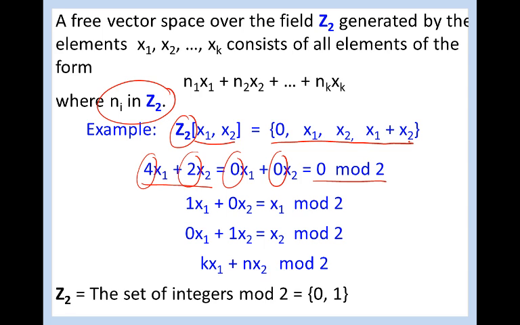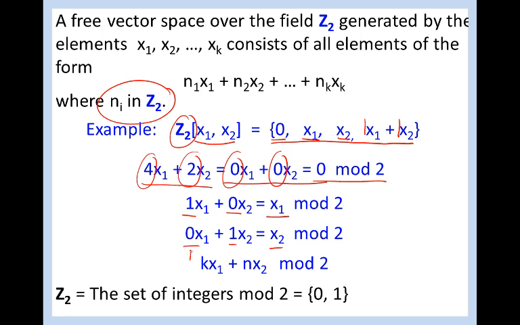Thus, the vector space generated by x1 and x2 using Z mod 2 coefficients contains only 4 elements. Both our coefficients could be 0, in which case we get 0, or one of our coefficients could be 1 and the other one 0, in which case we either get x1 or we get x2, or both our coefficients could be 1, in which case we get x1 plus x2.